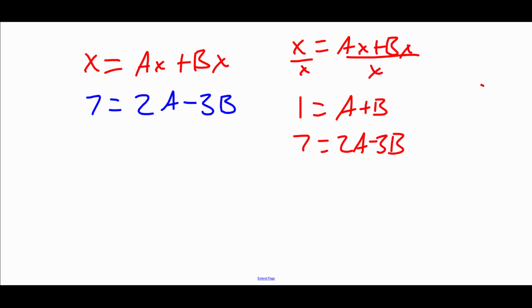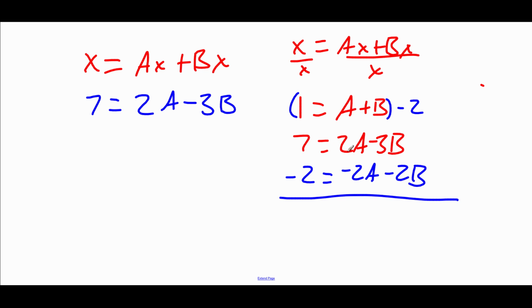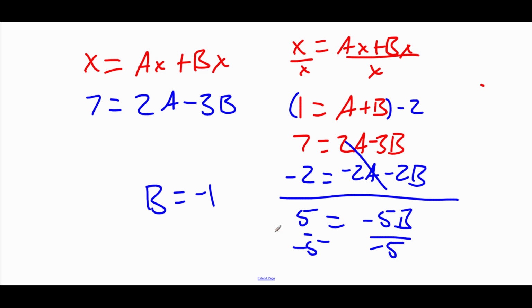So what I'm going to do is take this top equation times negative 2. So then we get negative 2 equals negative 2a minus 2b. And then adding these two equations together right here, we get 5 equals, well, those a's cancel out, negative 5b. Then if we divide both sides by negative 5, we end up with b equals negative 1.